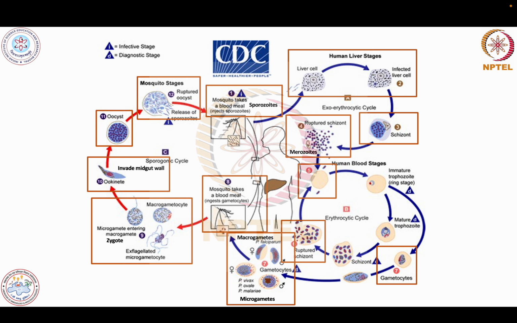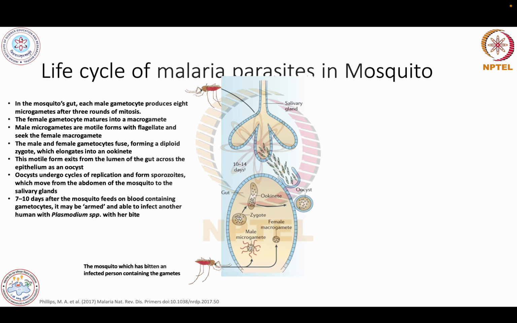So microgamete enters macrogamete, exflagellated microgametocyte, ookinete invades the midgut wall, forms oocyst, and then it's the mosquito stage. So the ruptured oocyst releases sporozoites, and then when the mosquito takes a blood meal, it again injects those sporozoites inside the human. Life cycle of malaria parasites in mosquito.